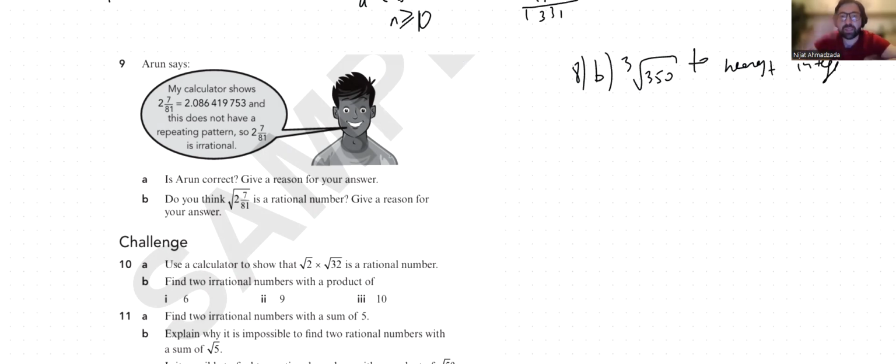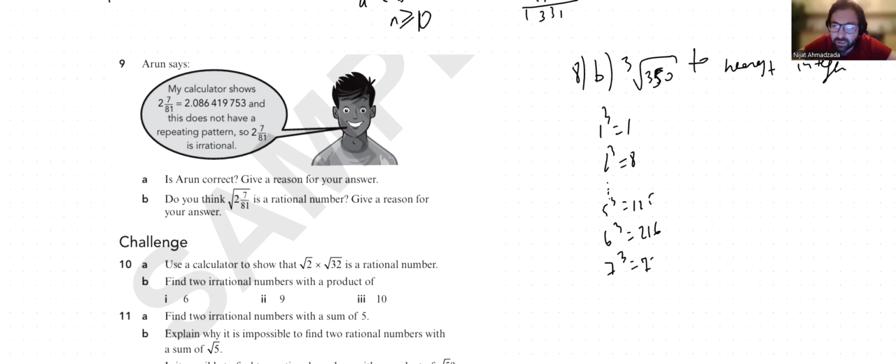How do we do that? We will guess which number's cube is close to 350. So 1 cubed is 1, 2 cubed is 8, and so on. 5 cubed is 125. 6 cubed is 216. 7 cubed is, I think, 729 or what? No, 343, sorry, 343. So 7 cubed is very close to this number.